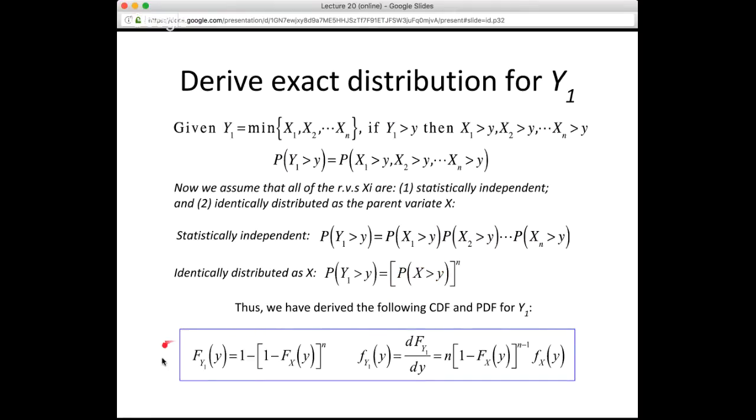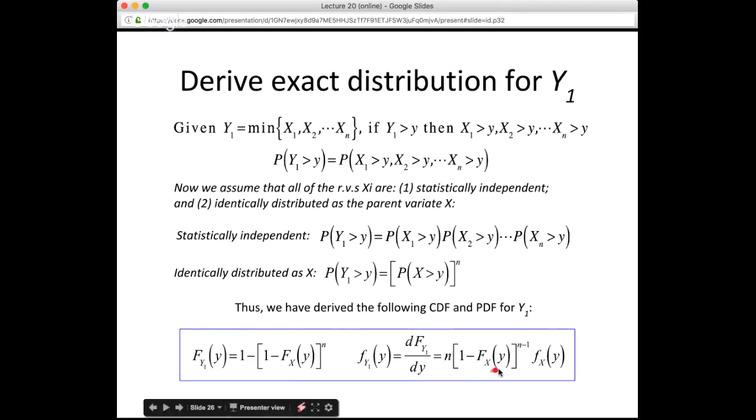When we run with that, we end up with the following formula for the derived CDF for y1, derived from the CDF for the parent population x, evaluated at y, and again, given the sample size n. And of course, we can derive the corresponding PDF for y1 by taking the derivative of the CDF for y1 with respect to y, which gives us this formula for the PDF of y1.